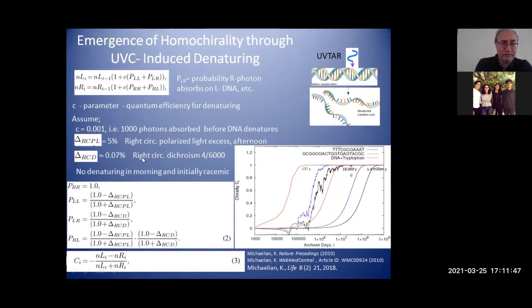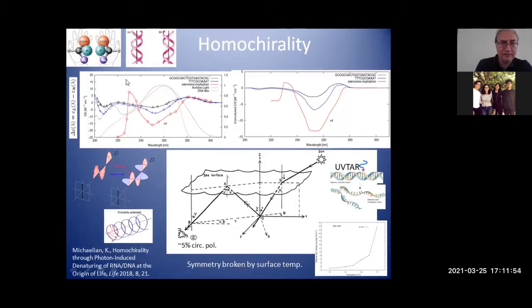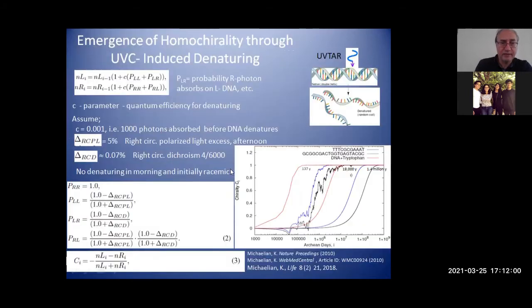And if we assume that we have a 0.07% dichroism difference, so this is this graph here, we're looking at this difference of the absorption between left and right-handed, and it is about 0.07%, so it's small, but it's not zero. Okay, and let's just assume that we have no denaturing in the morning because the ocean surface temperature is too cold for denaturing, let's say.